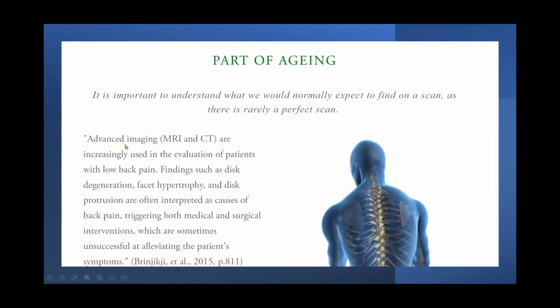the authors that advanced MRI and CT are increasingly used in the evaluation of patients with back pain. The degenerative changes there are often interpreted as causes of back pain, triggering both medical and surgical interventions, which are sometimes unsuccessful at alleviating the patient's symptoms.